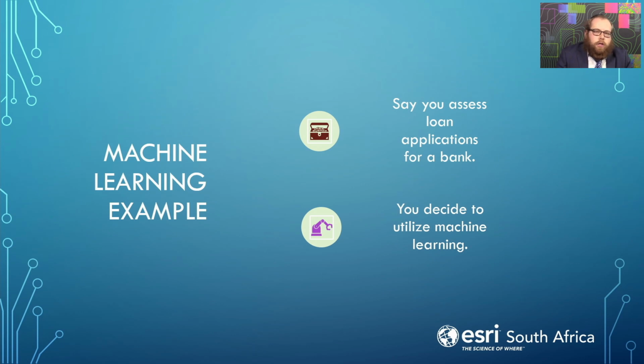An example of machine learning could be when a person assesses loan applications for a bank. The criteria by which one assesses whether a loan application should be accepted or rejected doesn't vary too much between loan applications, so it seems like a good candidate for applying machine learning to this problem.